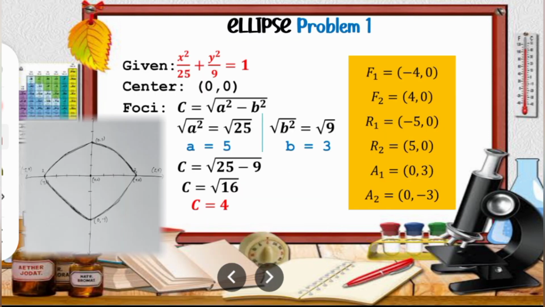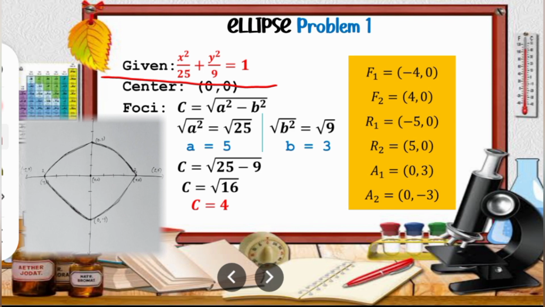Now let's have some examples for us to understand more about the ellipse, on how to find the center, the foci, and its major axis and minor axis. We know that our major axis is on the x-axis and our minor axis is on the y-axis. Problem number 1: x squared over 25 plus y squared over 9 equals 1.